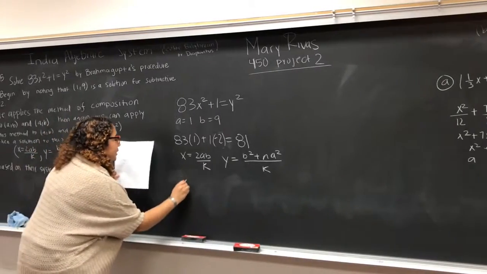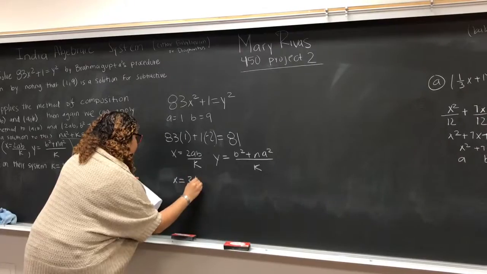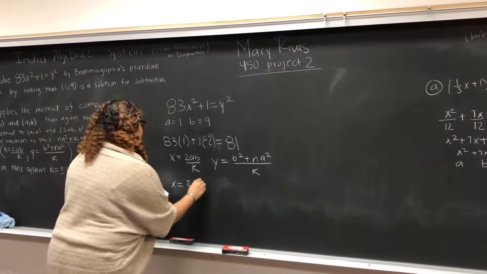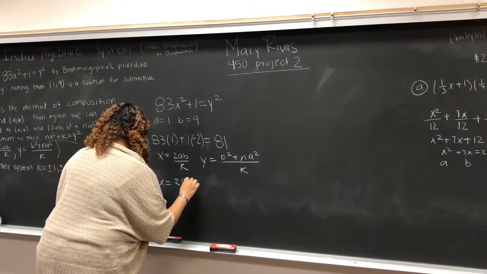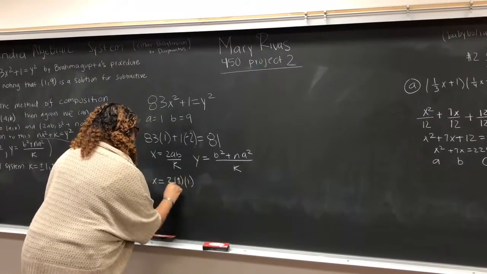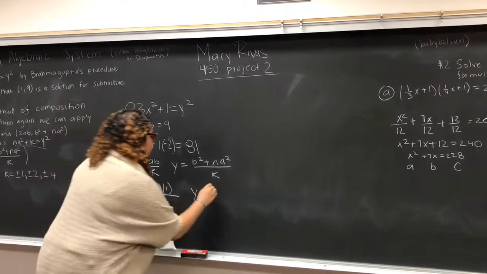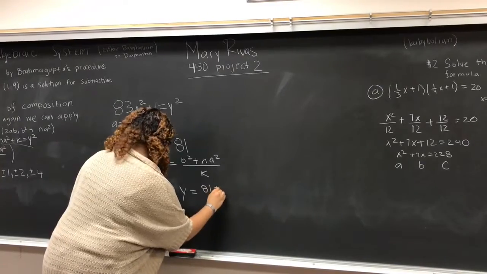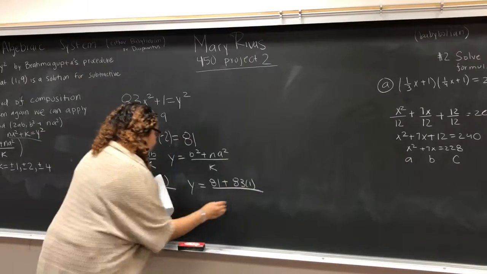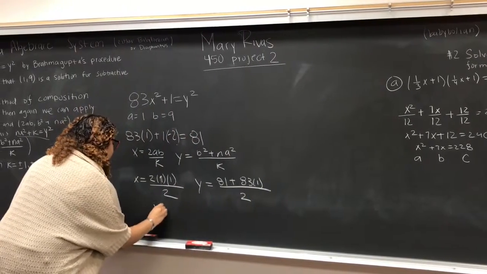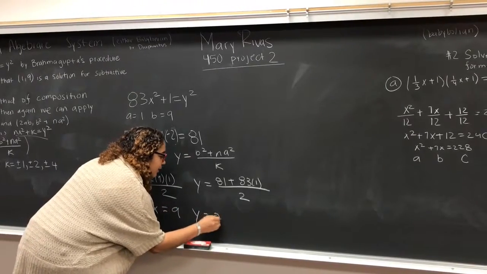And so we're just going to substitute: 2, 9, 1, and then k is going to be 2, and y is equal to 81 plus 83 times 1 divided by 2, and we get x is equal to 9 and y is equal to 82.